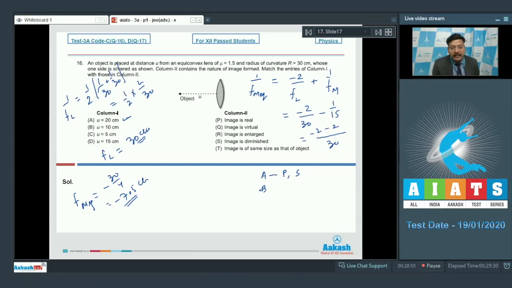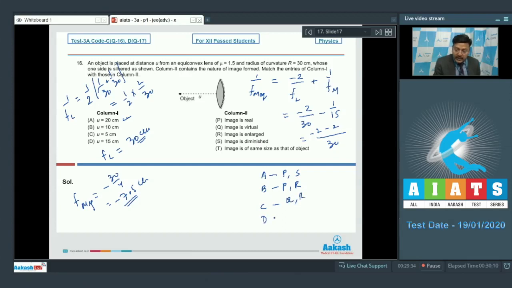So for B, real and enlarged will match, so it matches with P and R. Now for C, the object is between the pole and the focus of a concave mirror. We know that in such case image is virtual, enlarged, erect. So for C, virtual and enlarged will match, so that means C matches with Q and R.